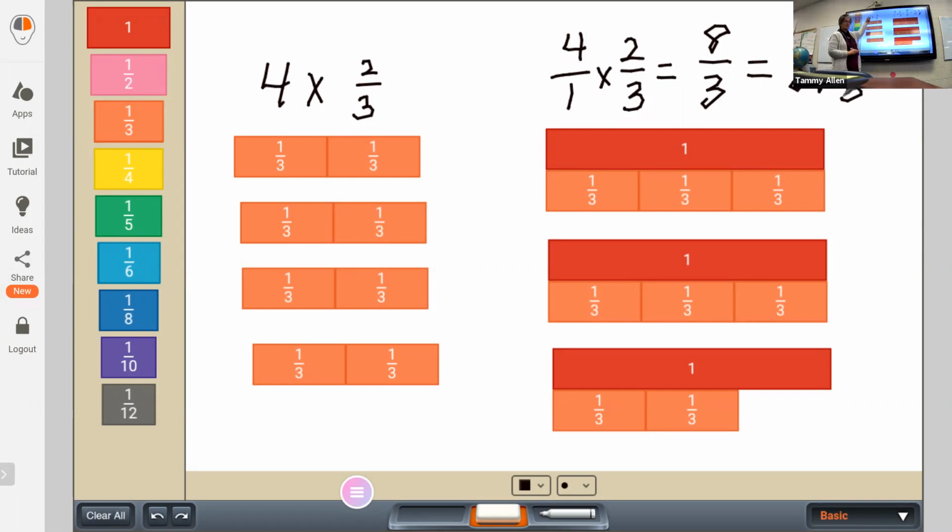If this is a whole number, our denominator will be 1, because 4 divided by 1 is 4. Okay? Does that make sense? Are we clear on that?